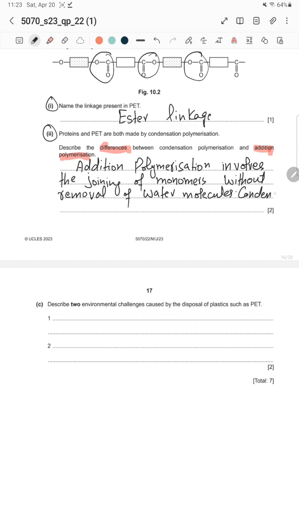Condensation polymerization involves the removal of water molecules.